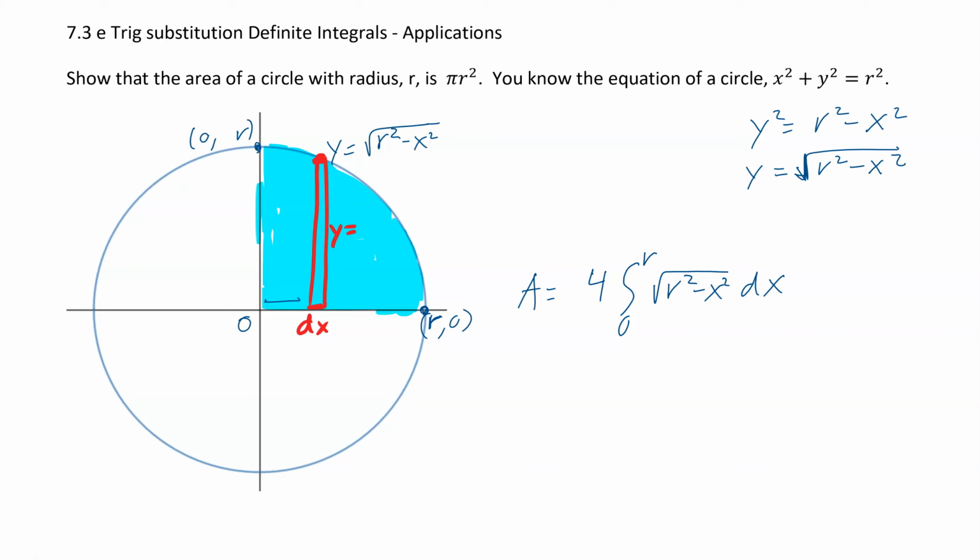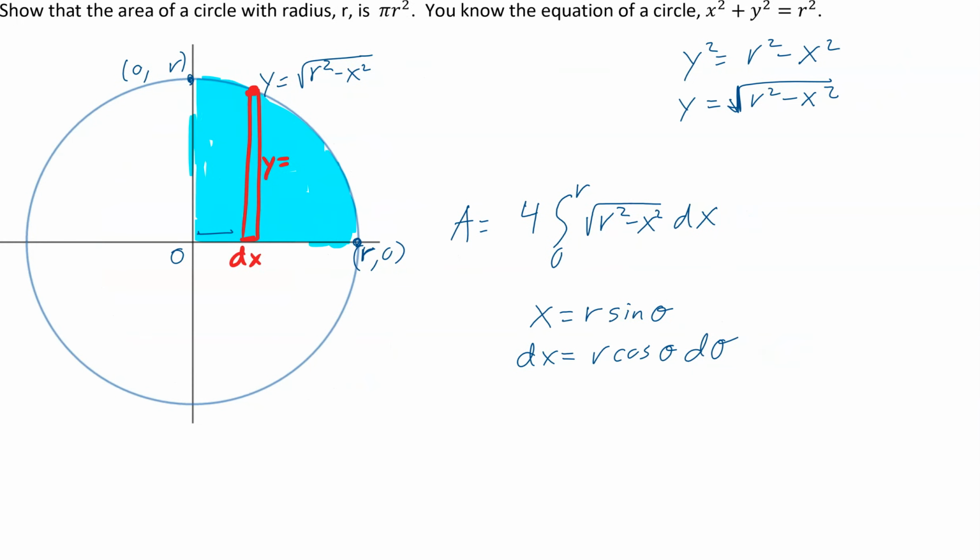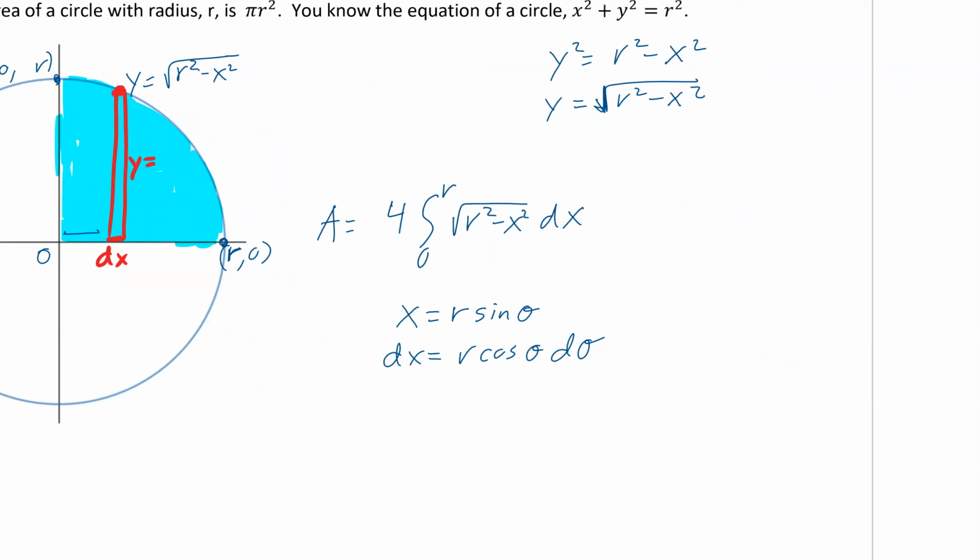So now what we need to do is solve for this. So we're going to go x equals, and this is a sine because it's minus x squared, and it's r sine theta. And then that way we can replace it. So dx equals r cosine theta d theta. And now we need to plug it in to find our two values. So 0 is our x, and we get r sine theta.